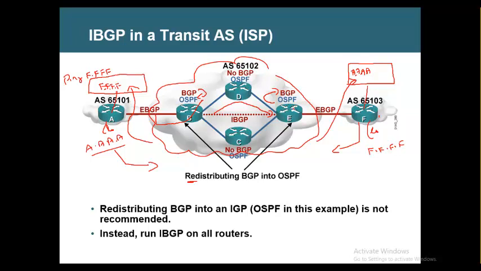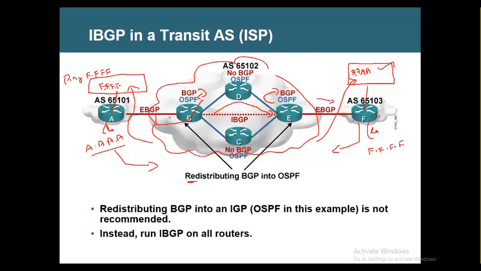In that way, that A.A.A.A is now carried by BGP to F. And now A.A.A.A is learned. This happens in the other direction also. When F.F.F.F is advertised from F via BGP, router E will redistribute from BGP to OSPF.